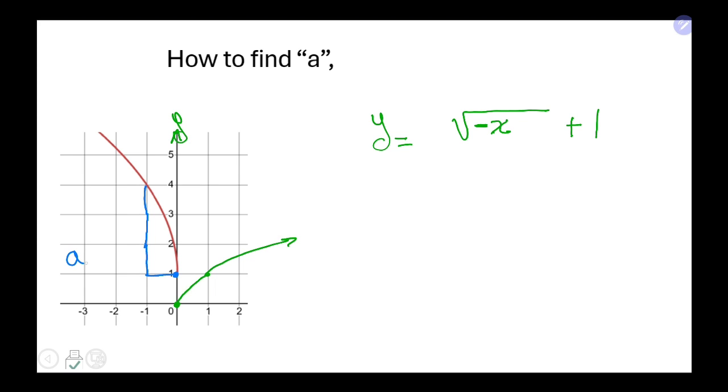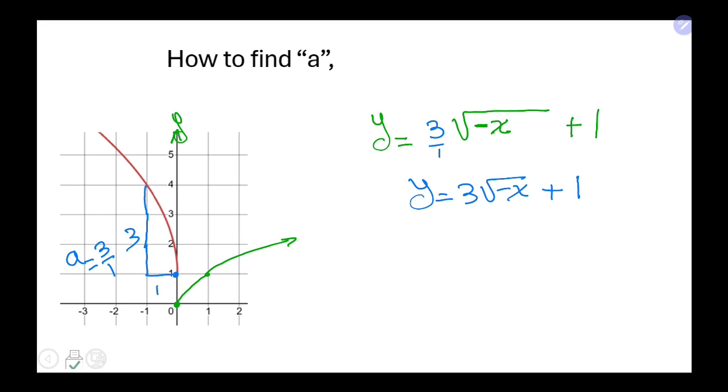So this number that is multiplying is going to be this slope, 3 over 1, just 3. My answer: 3 times the square root of negative x, plus 1.